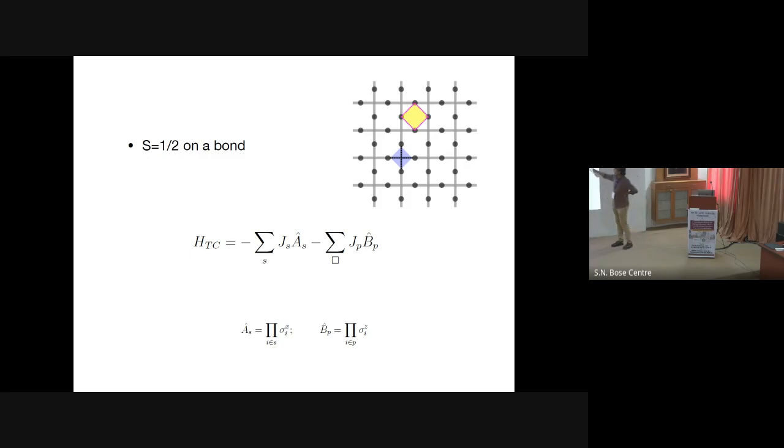You think about the 4 spins sitting on these bonds and take a product of their sigma x components. So sigma x, sigma x, sigma x, sigma x. And then you do it at all sites. You do it at this site, take those 4 spins, take the sigma x component and put that product. Instead of a 2 spin term, it's a 4 spin term.